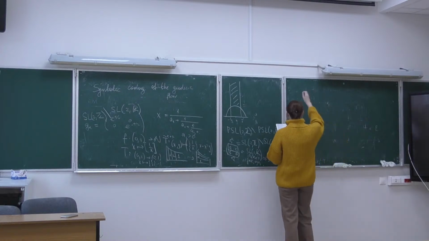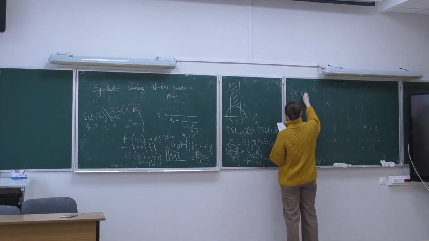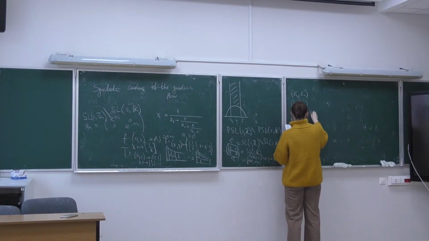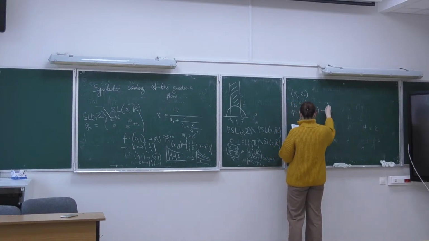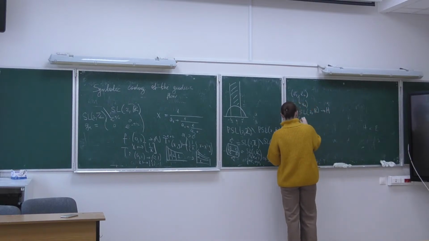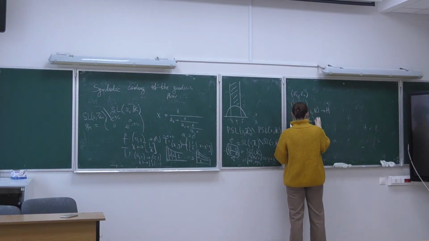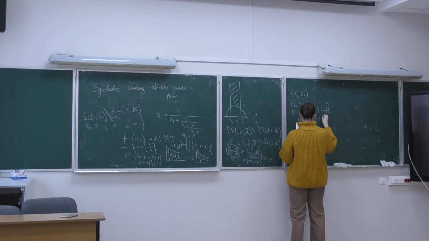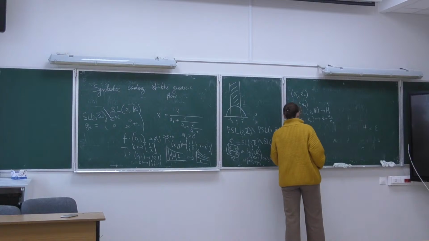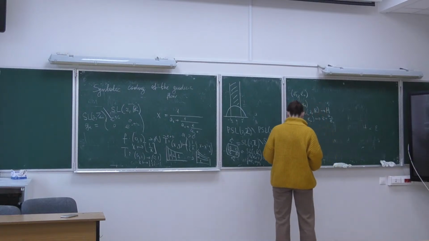So in the Poincaré model, this E1, E2 will become two complex numbers, Z1, Z2. And we will have a map from SL2R to H that takes E1 and E2 and moves them to their fraction, Z2 over Z1. We know that this map is invariant under isometries.